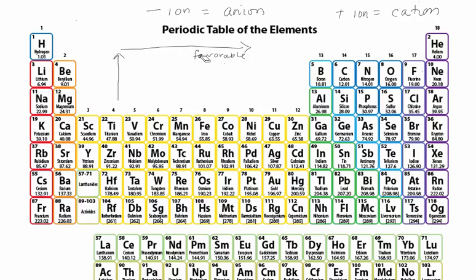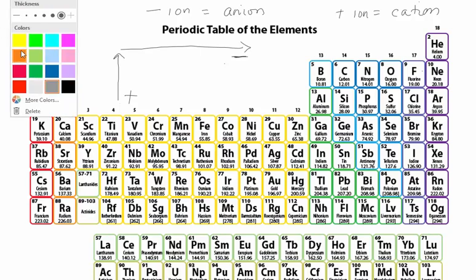So if the ionization energy had it more likely to form a cation or lose an electron down here, the electron affinity shows us that it's more likely to grab an electron or make an anion up here. So on the periodic table, what does that mean?